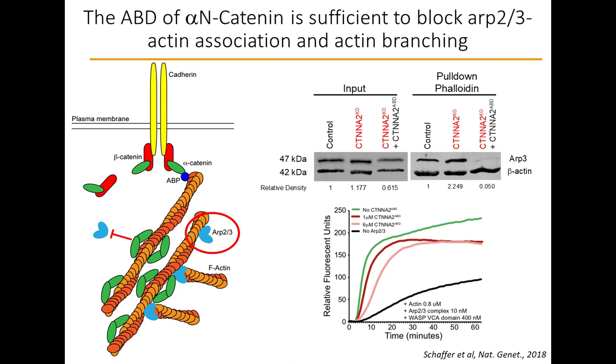When we performed the same assay in the knockout neurons with and without the actin binding domain, we found expression of the actin binding domain was sufficient to potently block this interaction in vivo. To show this was direct, we also performed an ARP2/3-mediated polymerization assay and found a dose-dependent decrease in actin branching in the presence of alpha-N-catenin.